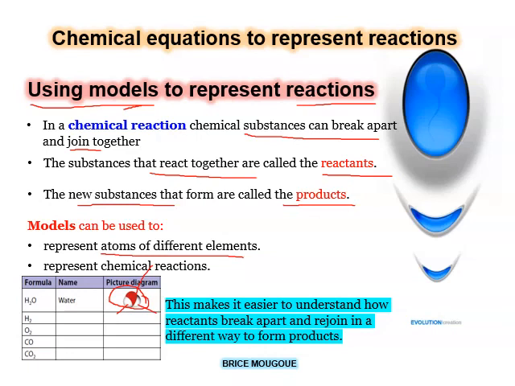So we can then use this model to completely represent a whole chemical reaction in just models. And why do we use that? We use it so that it can make it easy to understand the manner in which these reactants break apart and the manner in which they will then rejoin in different ways to form the products that they are supposed to form.